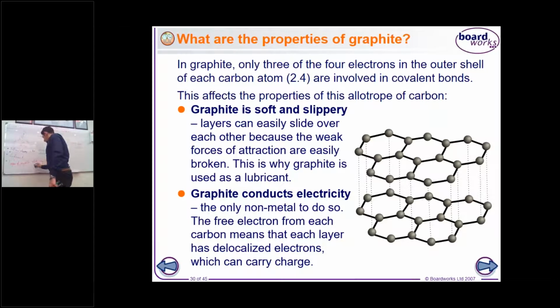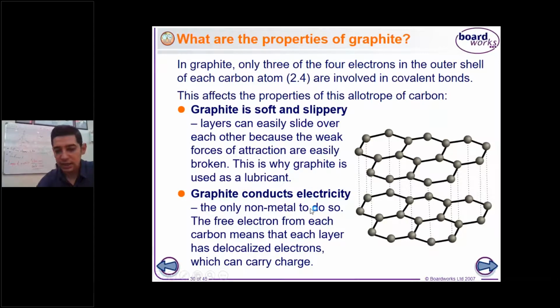This is the sentence you have to write about the graphite. When we are writing with a pencil, layers of the graphite slide over each other, so we can write on paper or any worksheet. Layers can easily slide over each other and, because of weak force attraction, are easily broken. This is why graphite is used as a lubricant.